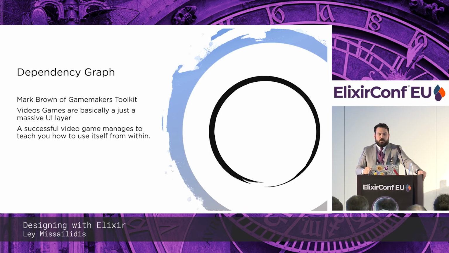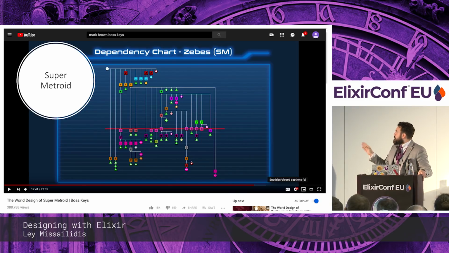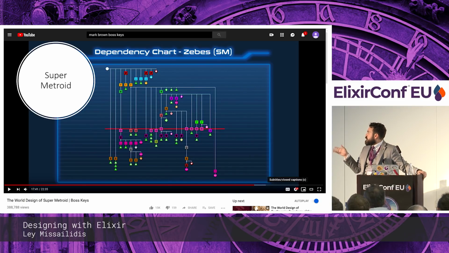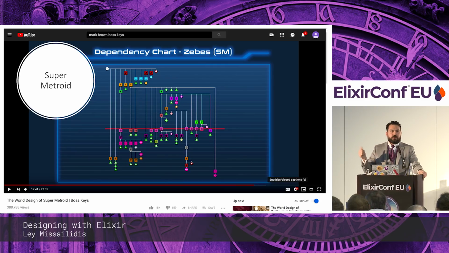So I've been using this, and I'll give you a couple examples actually. So here, in the case of Super Metroid, this is the entire game. The red line represents a certain stage in the game, but this is a very abstract mapping of basically everything you can do in that video game, where every item is, all that. You can do this with any application.